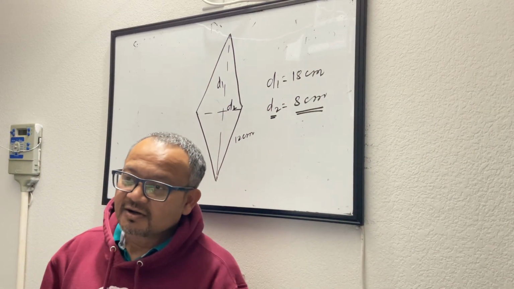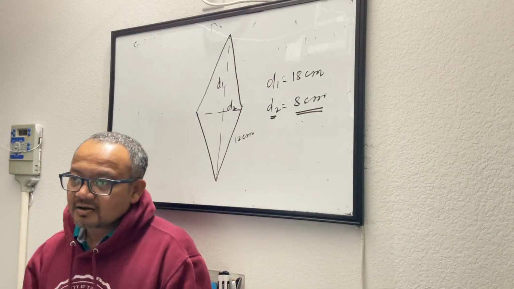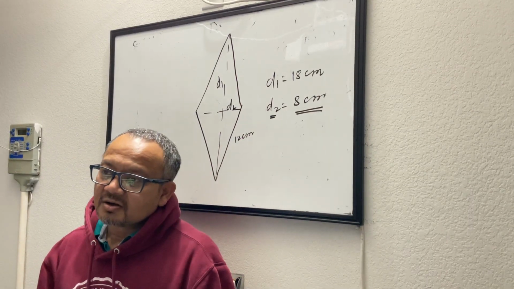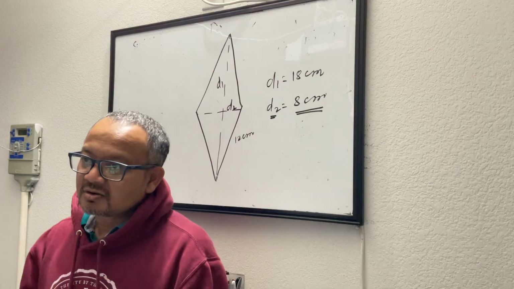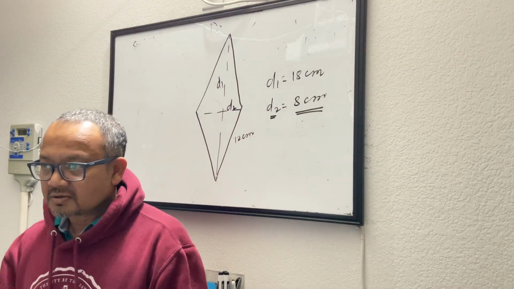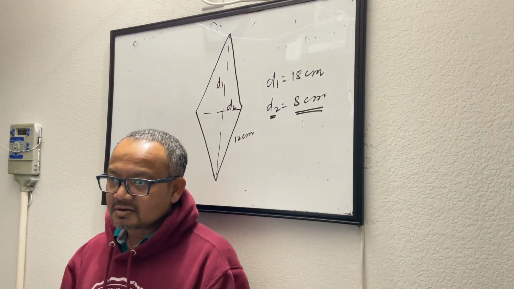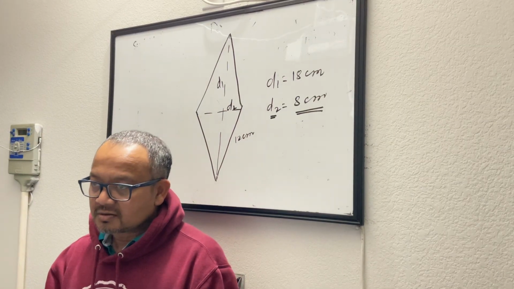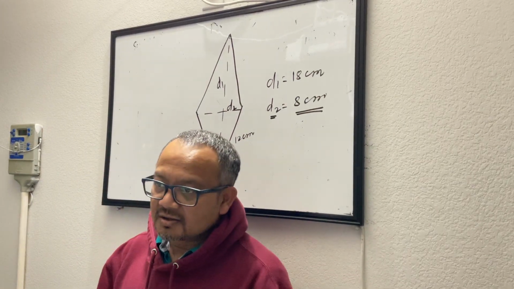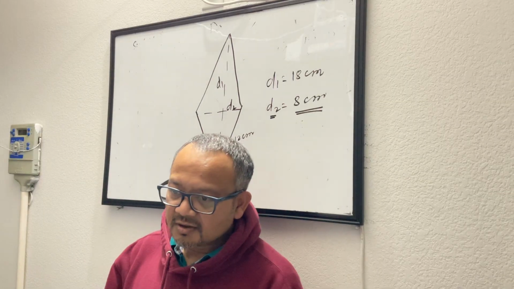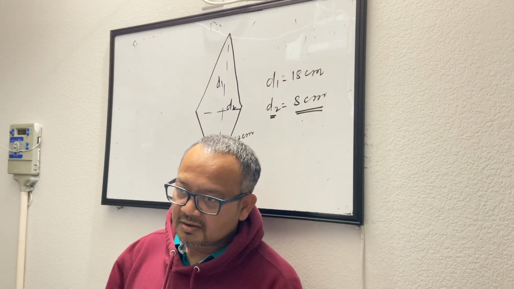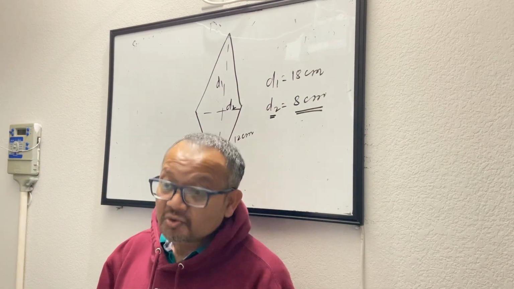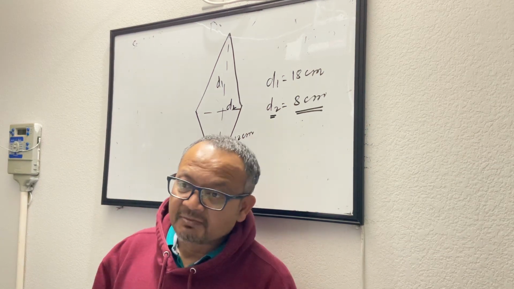Okay, go ahead. So is the formula pi into diagonal 1 and diagonal 2? And nothing else? Do it. Refrain from talking.